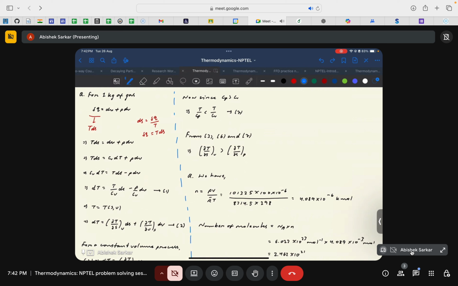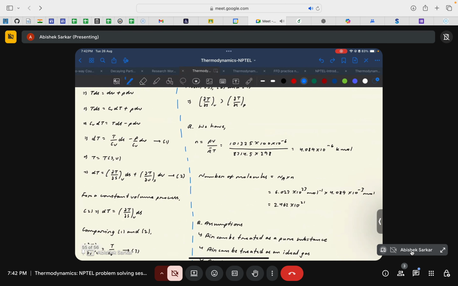So the number of molecules of the gas is given by Avogadro's number times the number of moles of the gas. Avogadro's number is 6.022 into 10 to the power 23 per mole. To cancel out the units, we need to transform this in terms of moles.